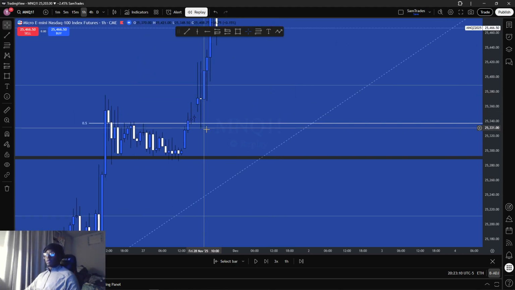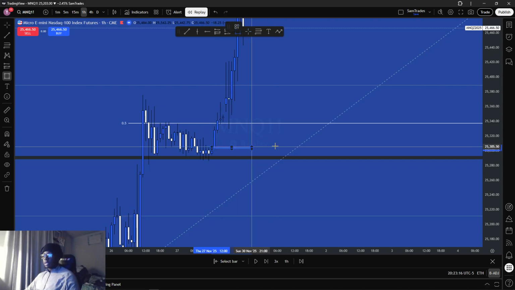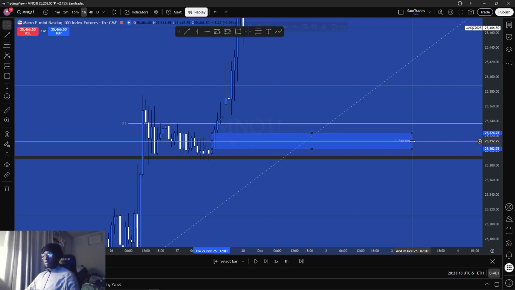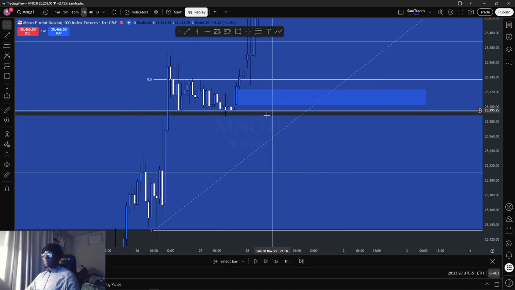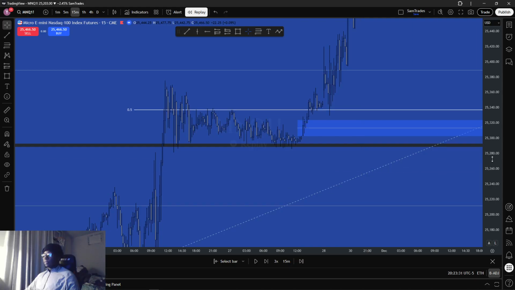So we see this low right here. That's about at the 0.5. So we obviously want to see that get swept. We see that there's an hourly gap that's near it, so that'll be a point to draw to.